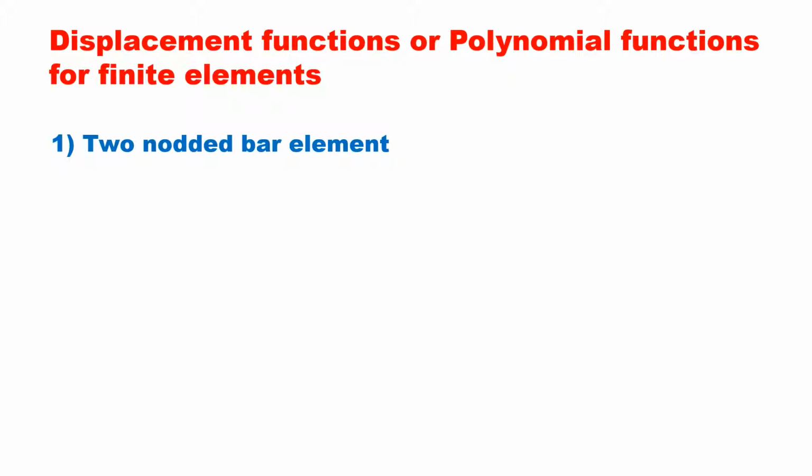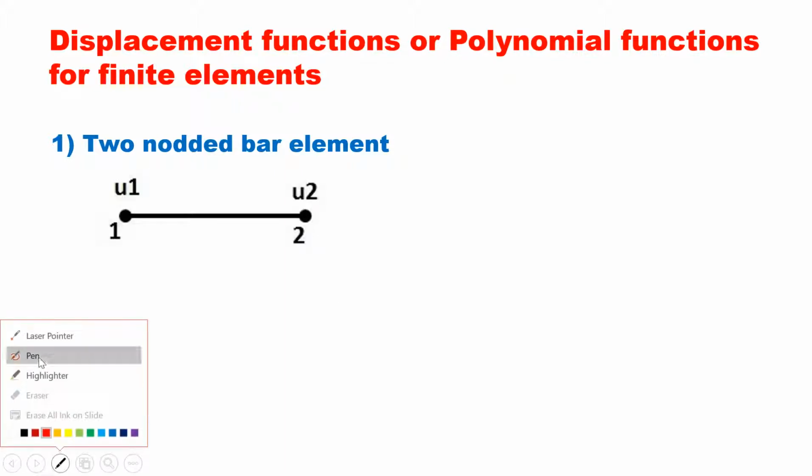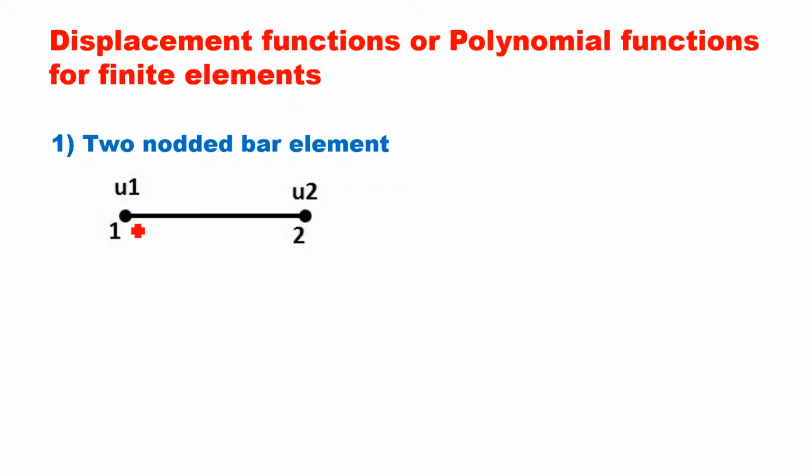So very first element is two-noded bar element. If you remember your strength of material, bar structures are normally subjected to axial forces. It may be axial tensile or axial compressive, right?